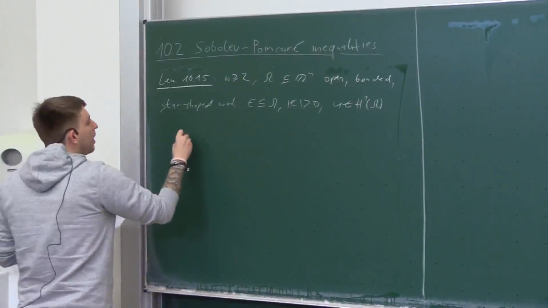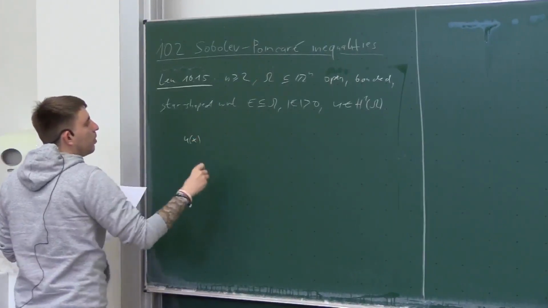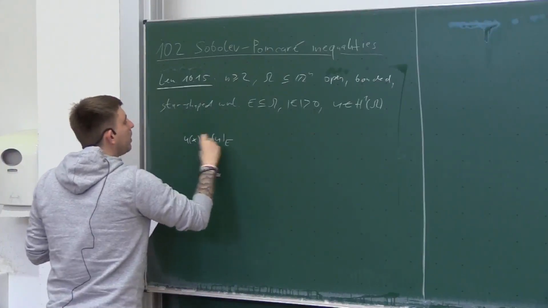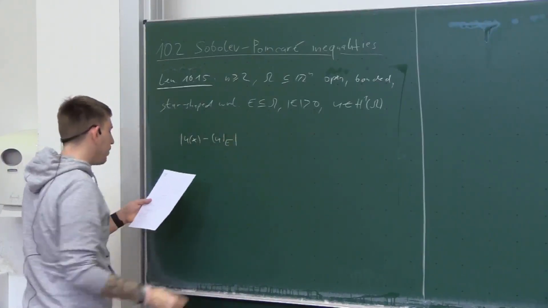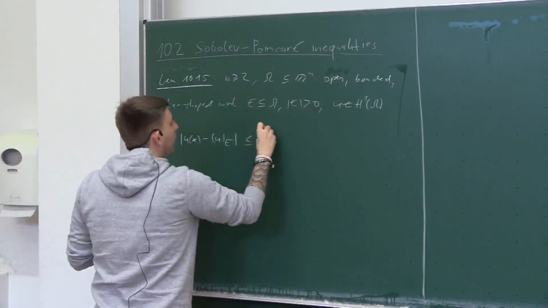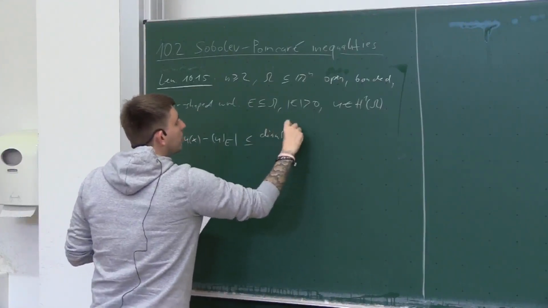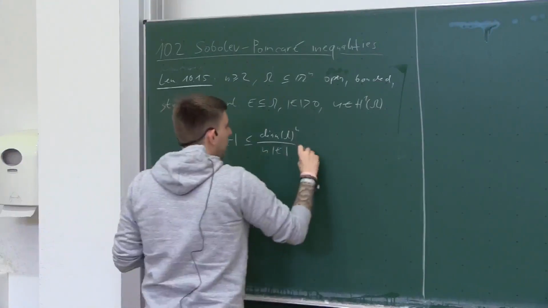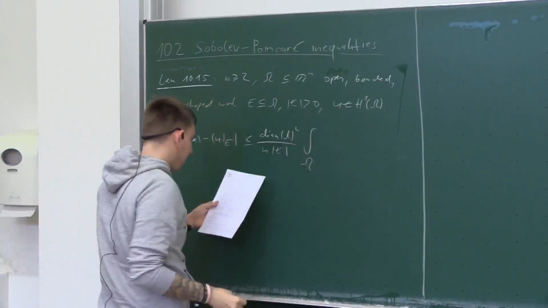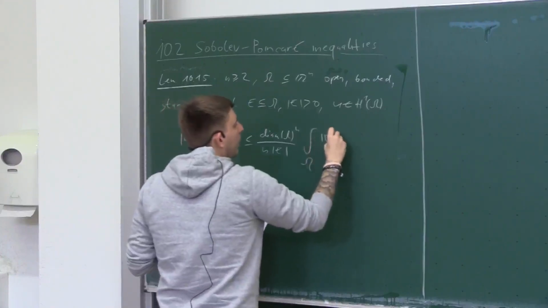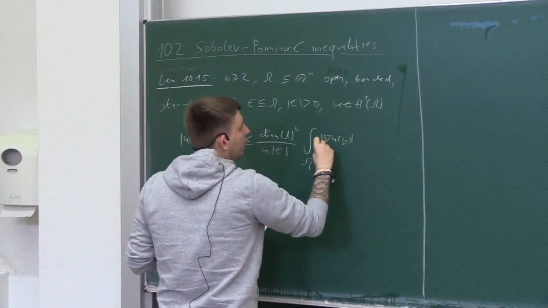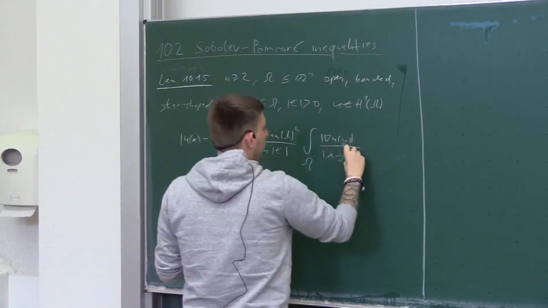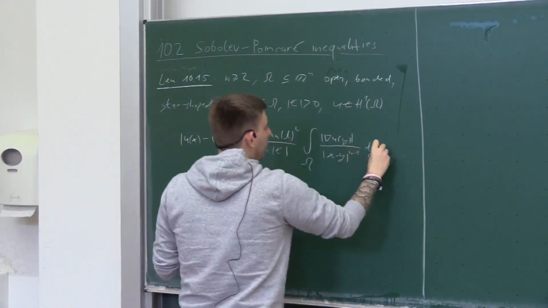So I say that |u(x) minus the average of u over E| can be bounded by the diameter of omega to the n over n times the measure of E, times an integral over omega of the gradient of u(y) over |x minus y|^(n-1) dy.